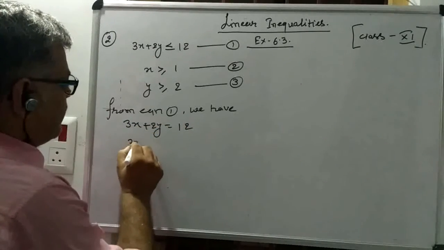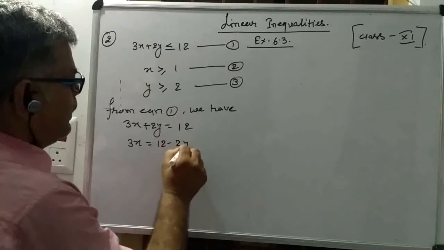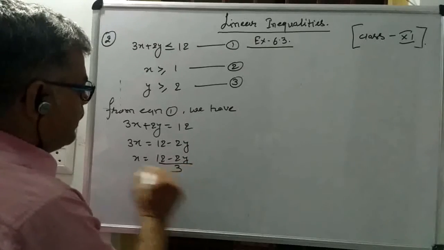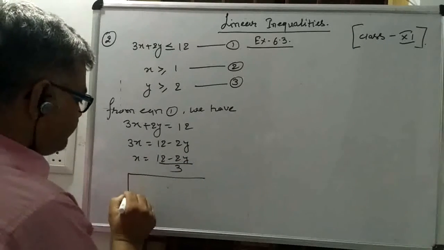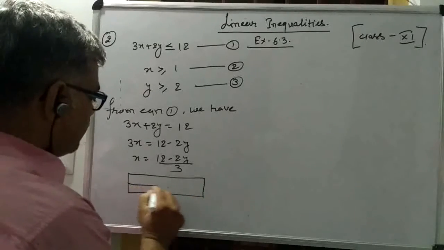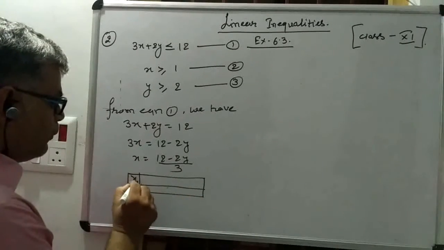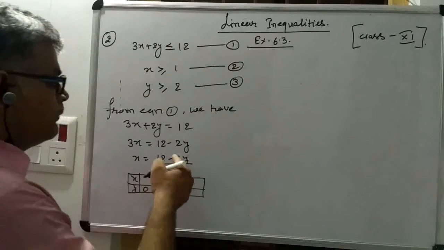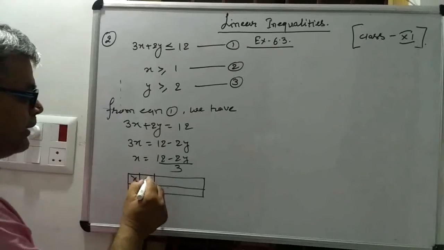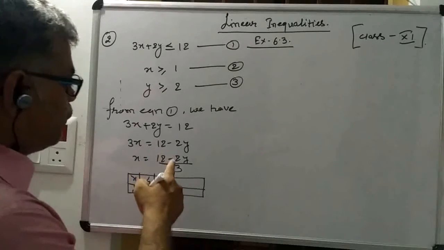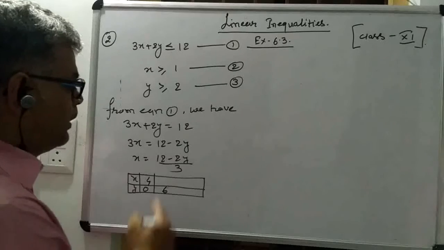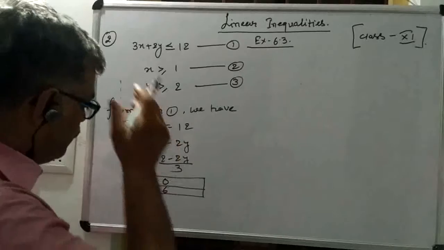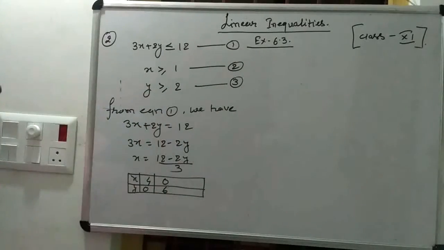So you can have 3x equals 12 minus 2y, that is x equals (12 minus 2y) by 3. Now prepare its table for the values of x and y. When you put y equals 0, then it becomes 12 by 3, that is 4. And when you put y equals 6, then it becomes 12 minus 12, 0, by 3, that is x equals 0.